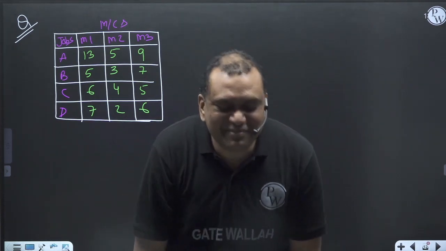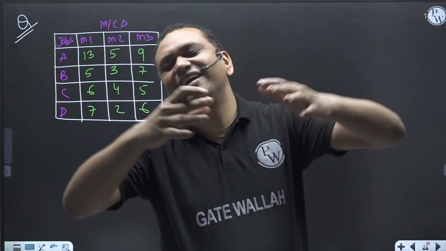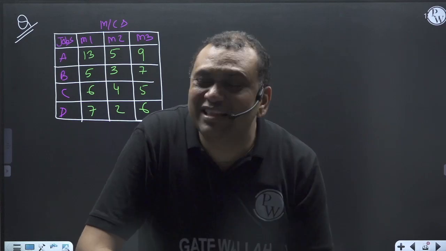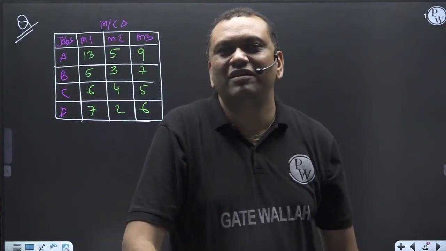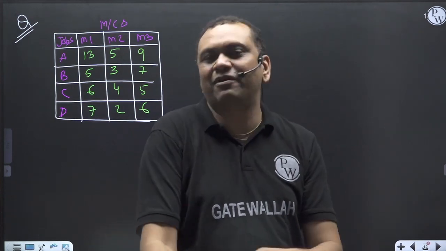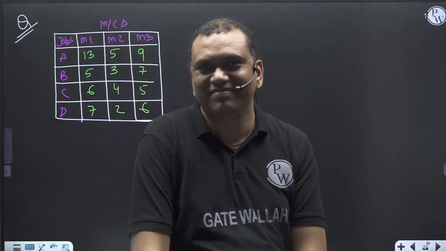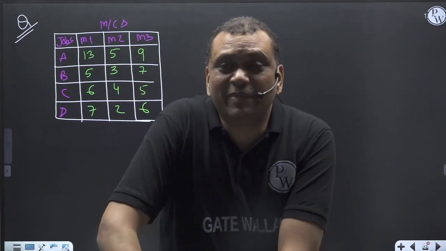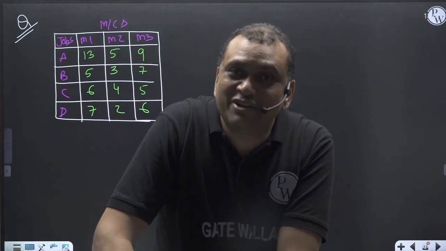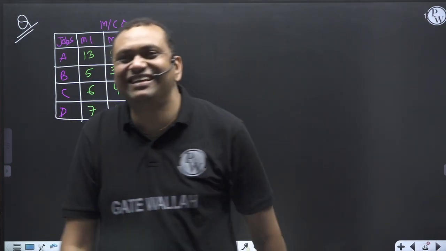If the problem appears in GATE and other competitive examinations, and it is a more than 2 machine problem, 3, 4, 5, 6, any number, if you see my book, I have given many problems. Then multiple machine problems can be converted into imaginary 2 machine problems. How?